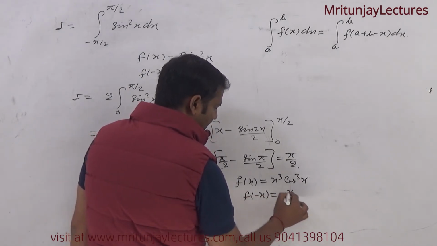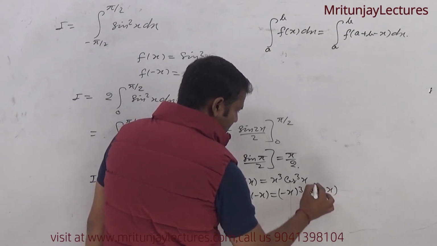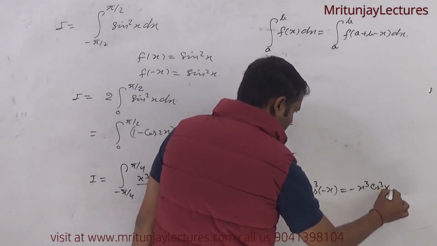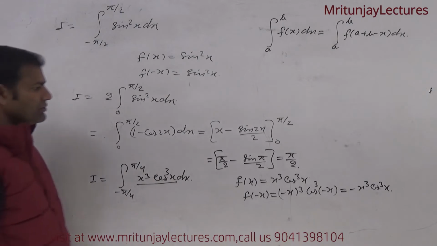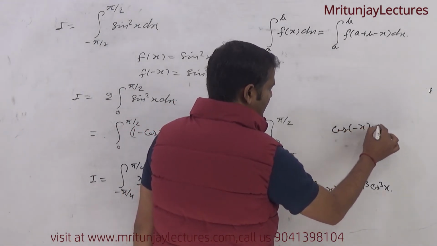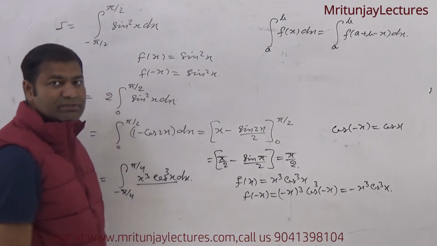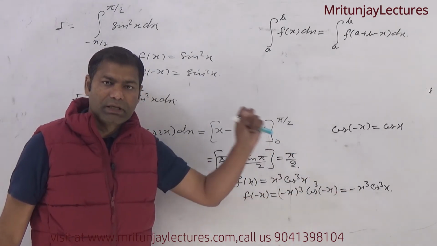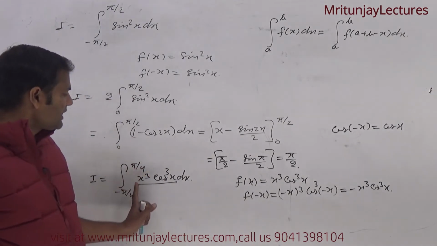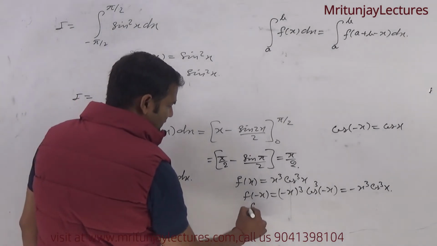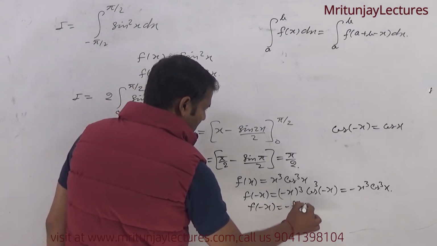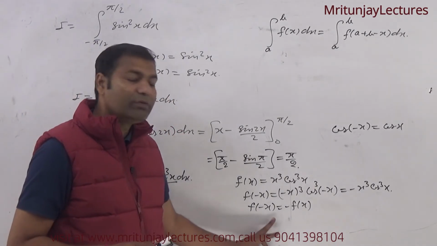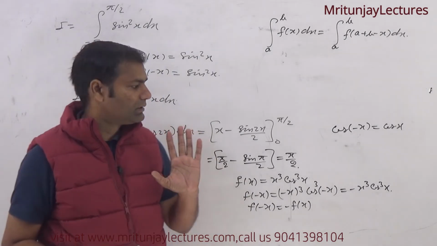What about f(−x)? Because cos(−x) is written as cos x, and (−x)³ is minus x³, we get minus x³ cos³x. So f(−x) equals minus f(x).